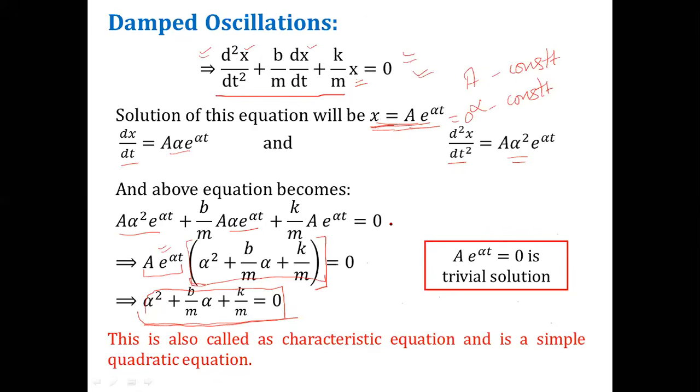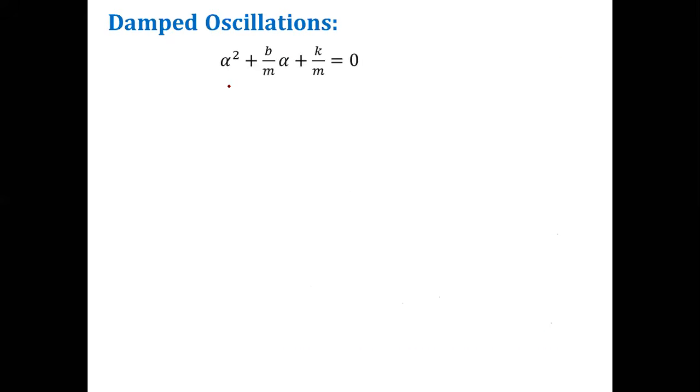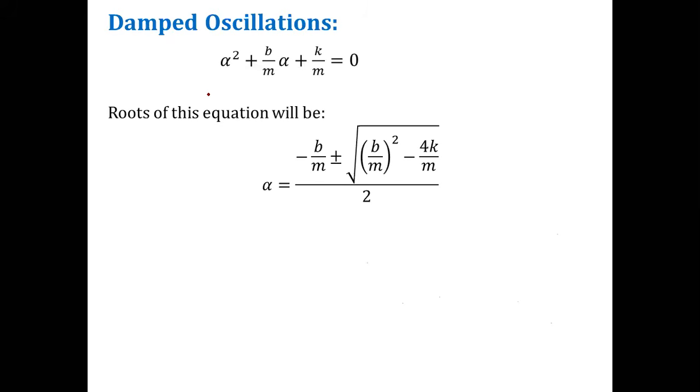Another thing is that when you do these second order differential equations in math, you will realize that the equation you finally get, this quadratic equation, is called the characteristic equation. If this term is equal to 0, you can easily get the roots of this equation.